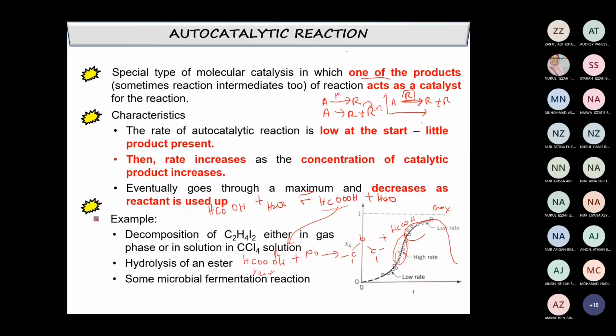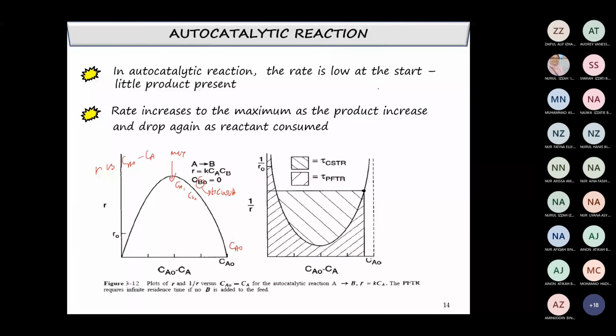Okay, so daripada sini, kita tahulah which is CA is equal to CA0 (1 minus X). Okay, then we have CA0, sepatutnya CA0 minus CA0 X. Okay, so CA0 X is equal to CA0 minus CA. So inilah sebenarnya benda alah ni. Okay, so at different X, dia akan bagi different value of this one.